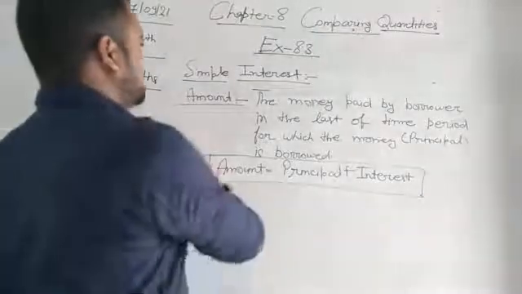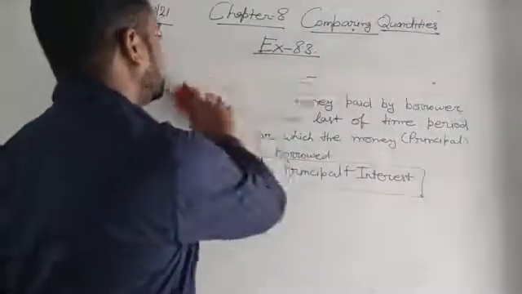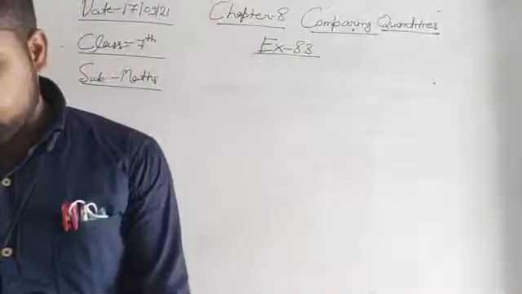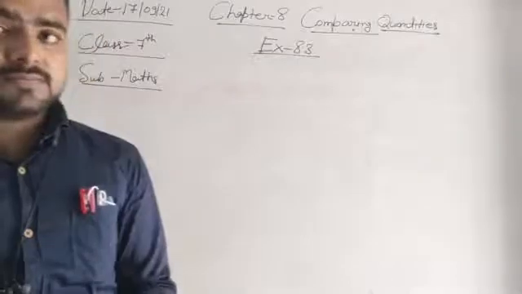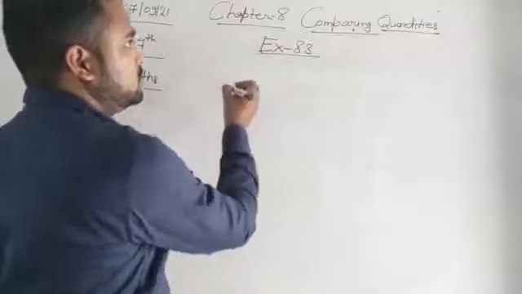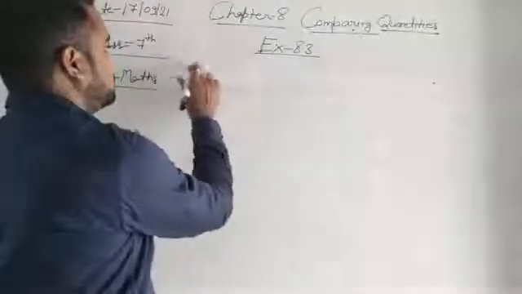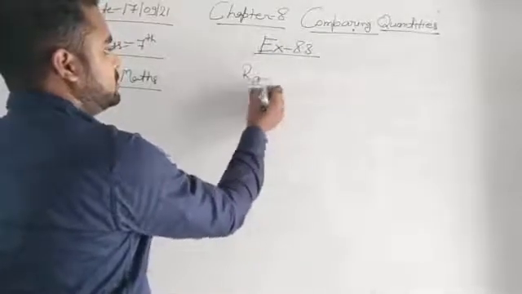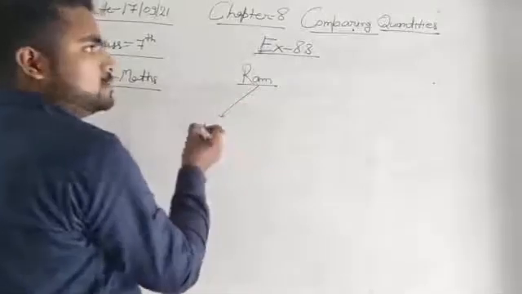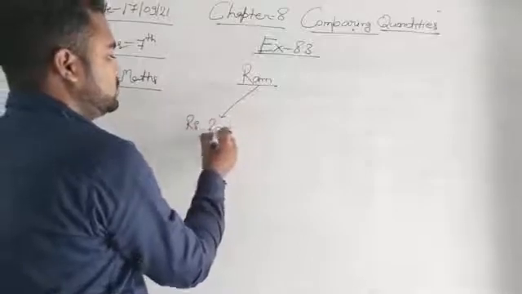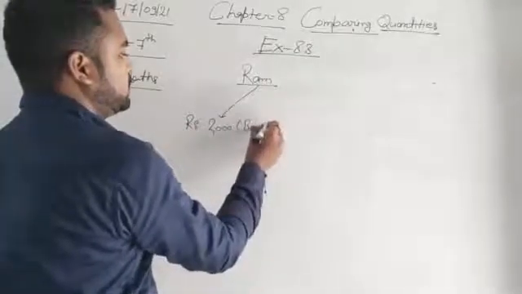Okay class, now we will discuss our next example. First let me explain all the three terms with an example. Suppose there is a person Ram and he borrowed rupees 2,000 from any bank.